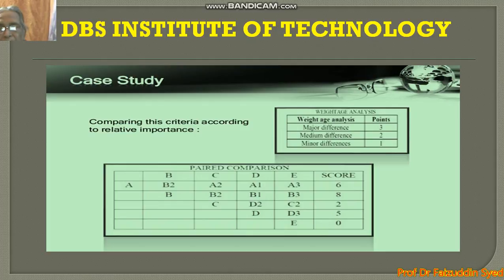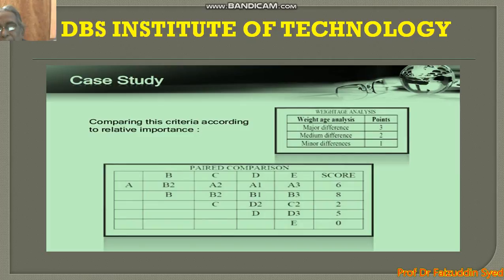The weightage analysis has three different levels: major difference, medium difference, and minor difference. In the major difference, there are 3 points. Medium difference, 2 points. Minor difference, only 1 point.